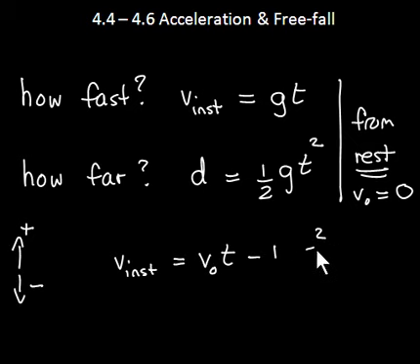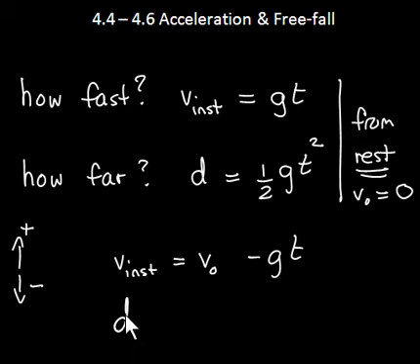And I'm getting the equation messed up here, so I apologize for that. It's just gt. So if you're launched upward at, say, 30 meters per second, your final speed is going to be your initial speed minus 10 meters per second for every second that you fall.